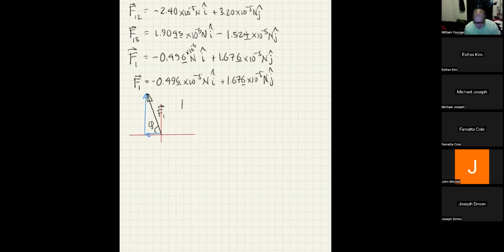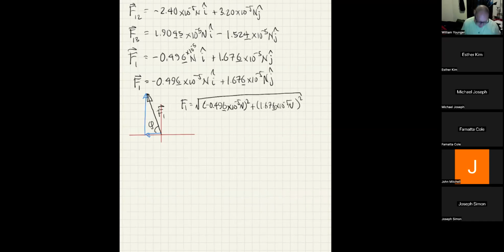So F1 equals the square root of negative 0.496 times 10 to the negative fifth newtons squared plus 1.676 times 10 to the negative fifth newtons squared.